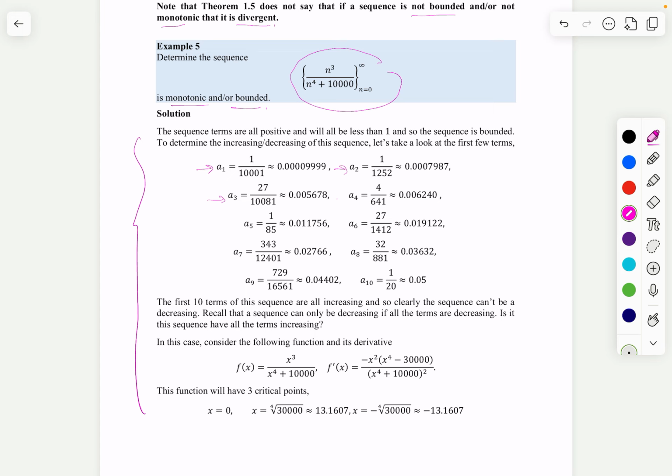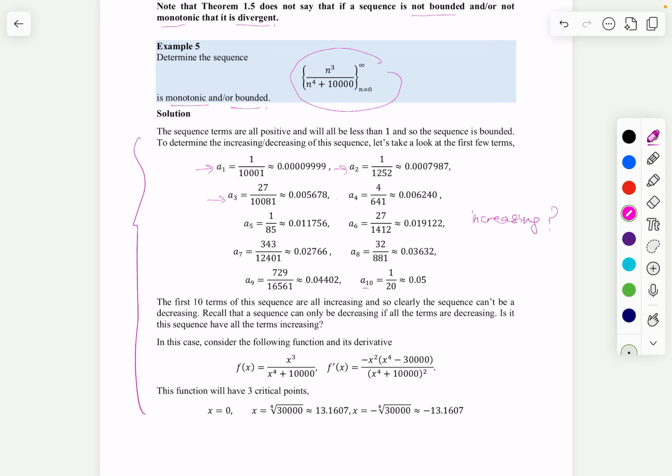If you look at this, the difference between a1 and a2 is increasing, a2 and a3 increasing as well, a3 to a4 increasing, and so on. You can see that from the first term to the 10th term, it is increasing. But is it true? You need to confirm that.